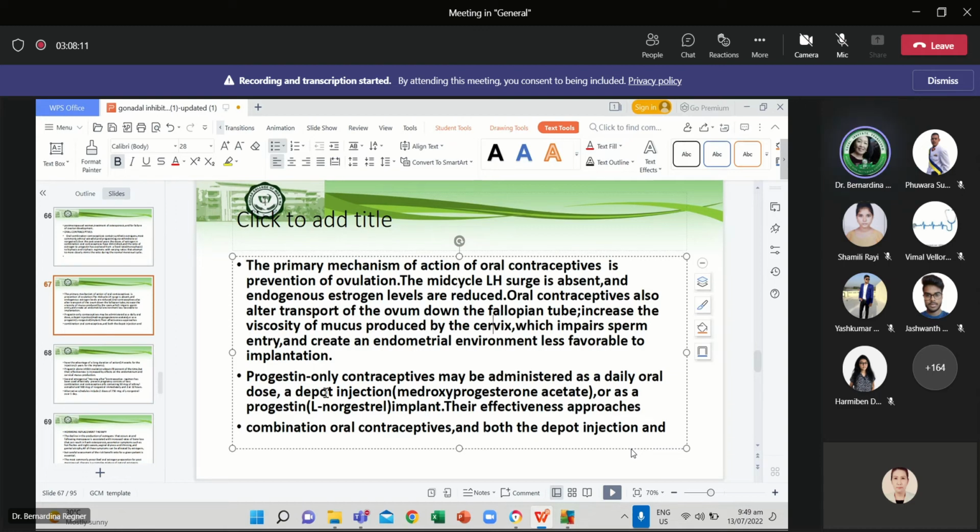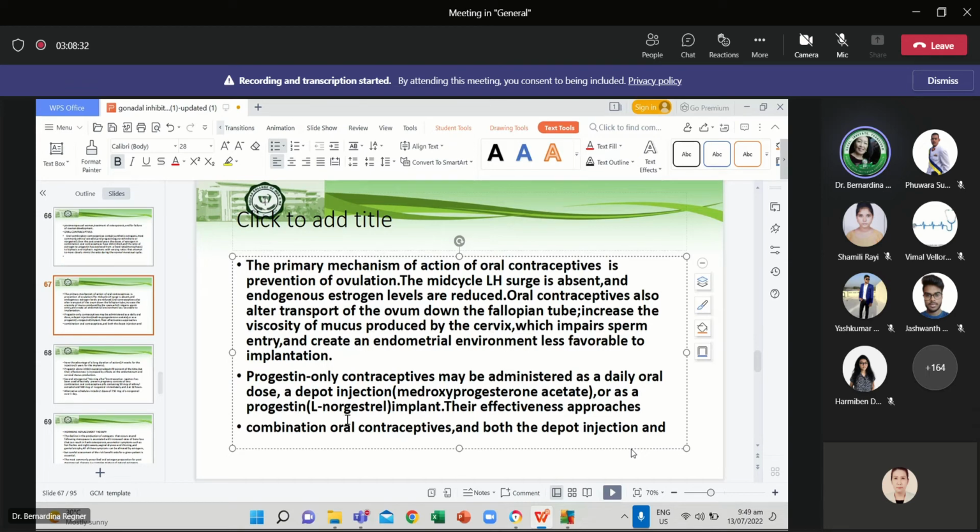Okay, now progestin, this is the only contraceptive that may be administered as a daily oral dose. Then you have also a depot injection, presented as medroxyprogesterone acetate or as an implant, your progestin L-norgestrel.